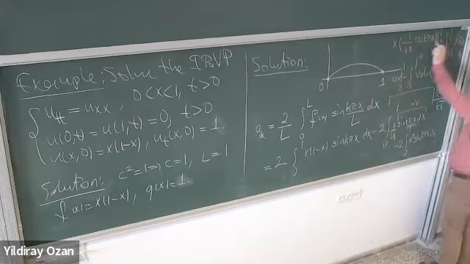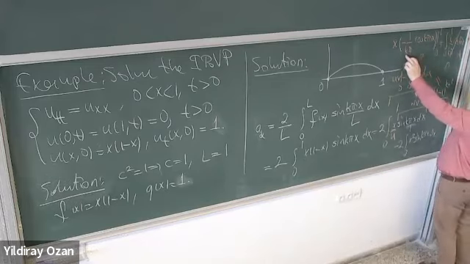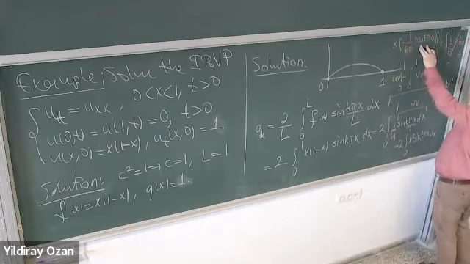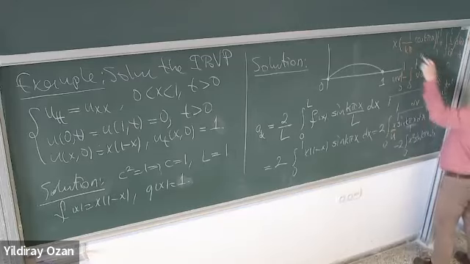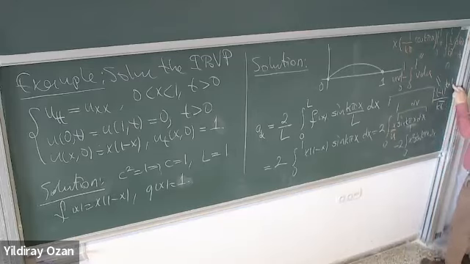I put 1 in place of x, so minus 1 is there. Cosine k pi is just minus 1 to the power k. Another minus, so minus 1 to the power k plus 1 divided by k times pi.